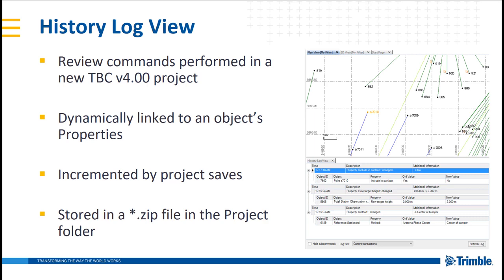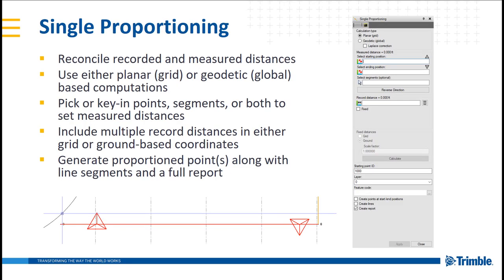The history log view is dynamically linked to an object's properties. It is incremented by project saves and is stored in a zip file within the project folder. In the options of TBC, you can toggle storing the history log view on or off as well.